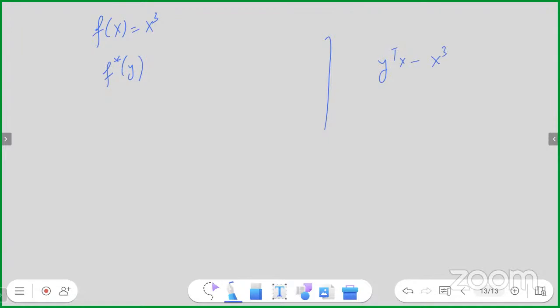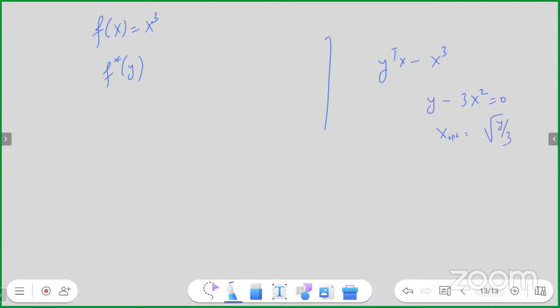So you have to be careful because now this function is no longer concave. But let's try to do it. y minus 3x square equal to 0, hoping that this is in fact the optimizing point. So what is x optimal? It is square root of y by 3.